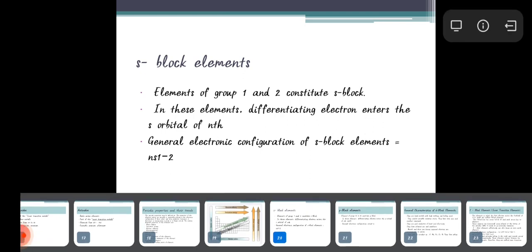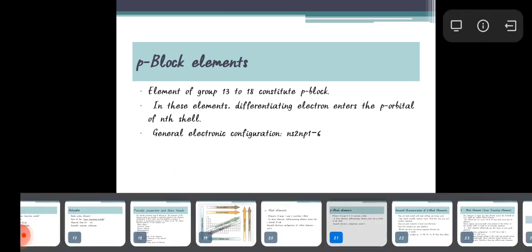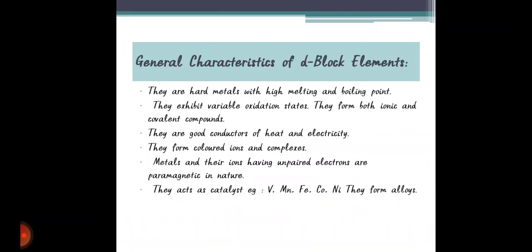The general electronic configuration of s block elements is ns1 and ns2. Next is the p block elements. Elements of group 13 to 18 constitute the p block. In these elements, the differentiating electron enters the p orbital of the nth shell. General electronic configuration is ns2 np1 to 6.